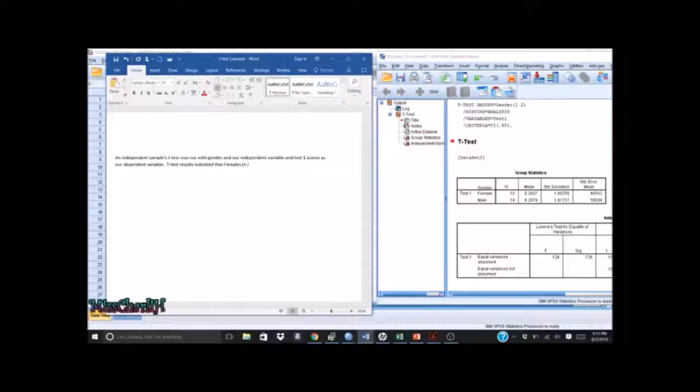I'm going to have a space, an equals, a space, and females are 15, comma, the mean, space, equals space, 8.39, and the standard deviation, space equals space, is 1.80. I'm going to write all that, and I'm going to go back and make sure that my abbreviations are italicized.